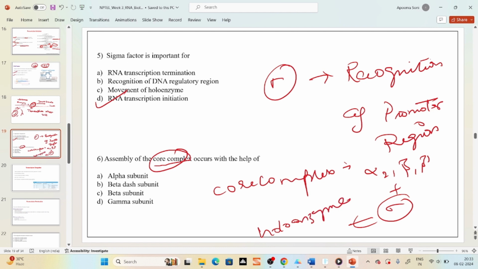So the assembly of the core complex means this tetrameric core. The correct answer is alpha subunit.